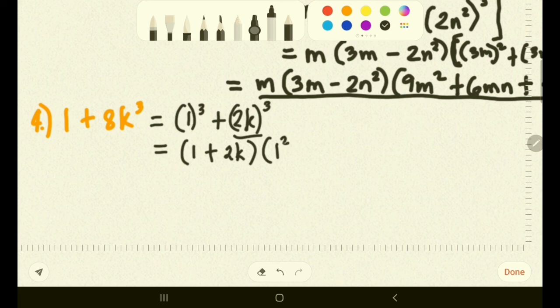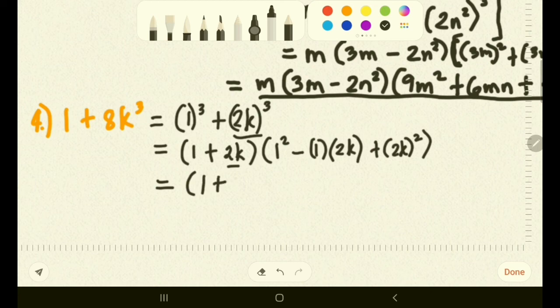Square of the first, which is 1, then minus, you multiply the two terms, 1 times 2k, and then square the second term, 2k. Simplify. So the sum of 1 and 2k multiplied by 1 squared is just 1, minus 1 times 2k, that is 2k, plus square of 2k, that is 4k squared.